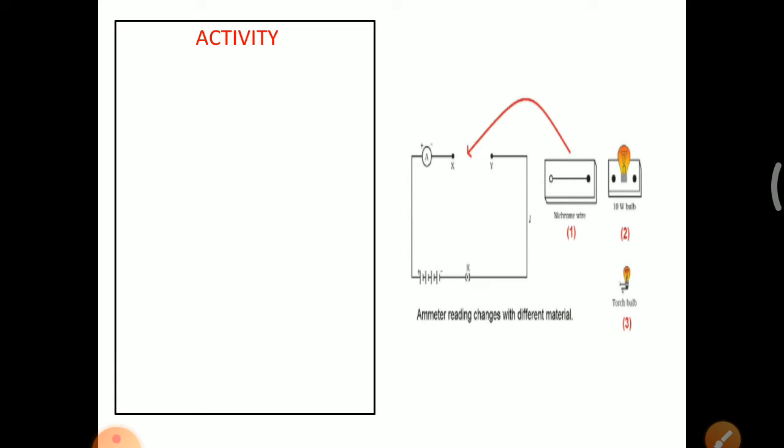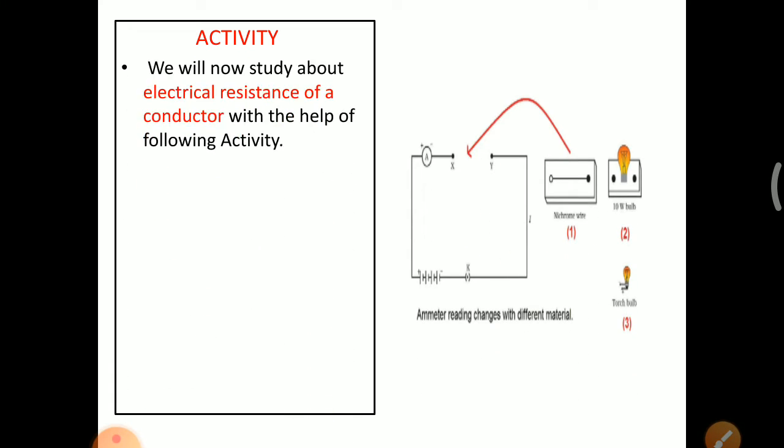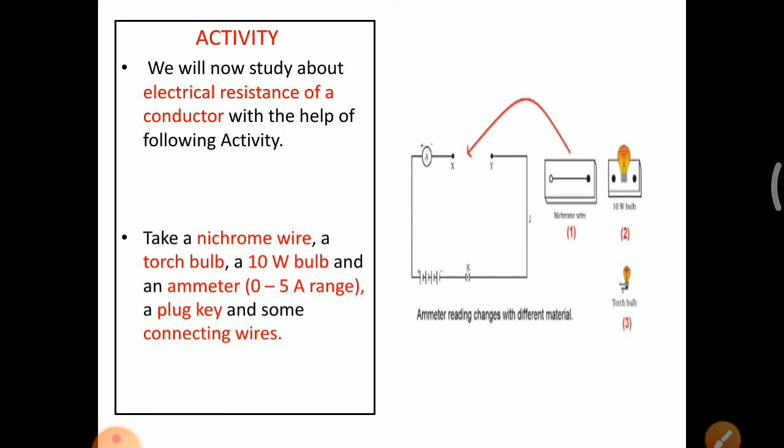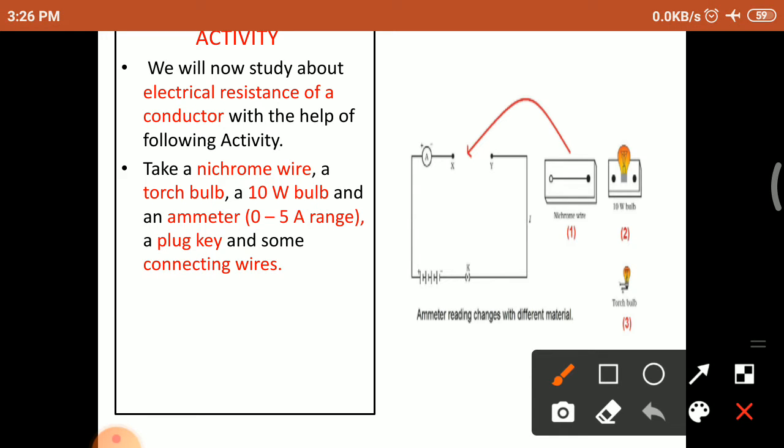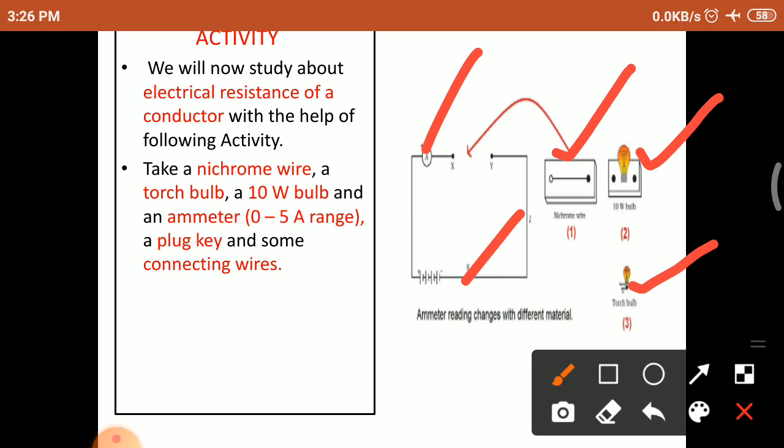The next one, activity. We will now study the electrical resistance of a conductor with the help of the following activity. Take a nichrome wire, a torch bulb, a 10 volt bulb, then ammeter and plug key, voltage source and connecting wires.